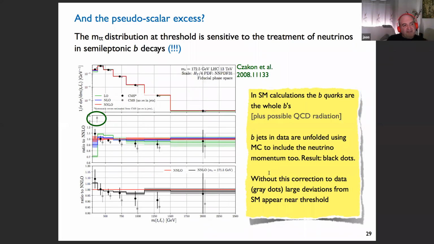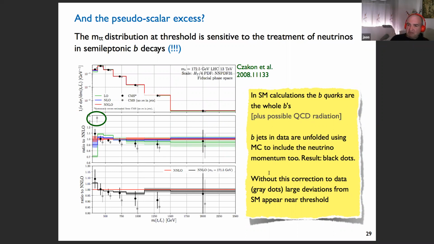This is extremely funny. The TT bar invariant mass distribution at threshold is sensitive to the neutrinos coming from the semileptonic B quark decays. What happens when you do the calculation in the standard model at whatever order?